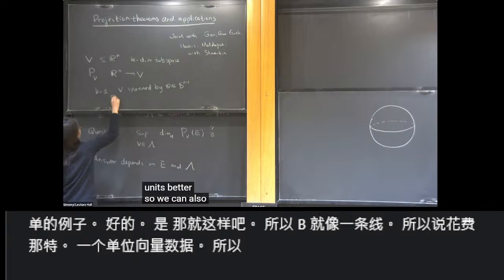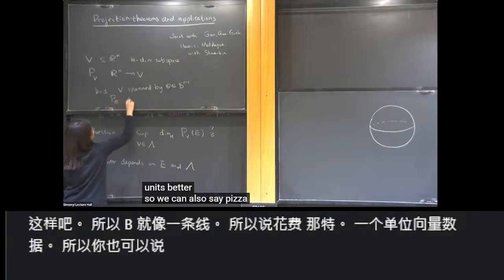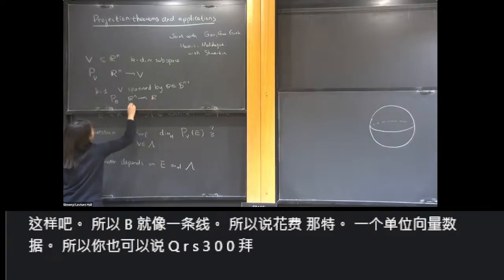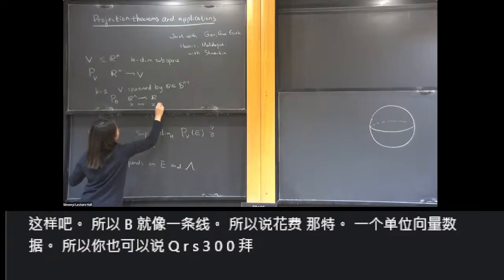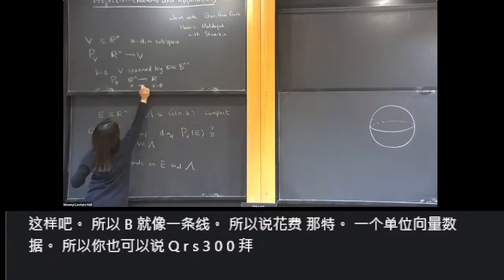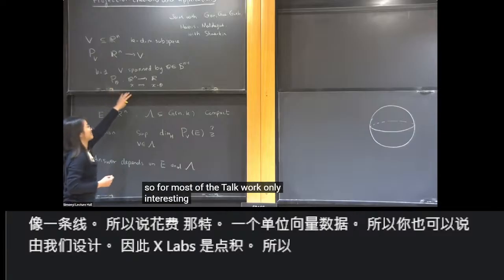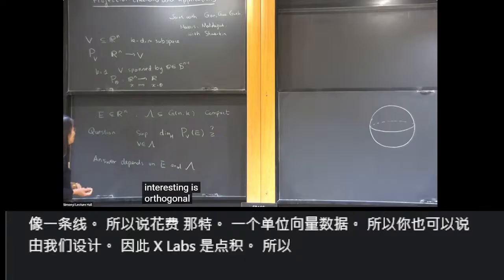Then we can define P sub theta from Rn to R, where x maps to the dot product of x and theta. For most of the talk, we're only interested in this dot product, this orthogonal projection.